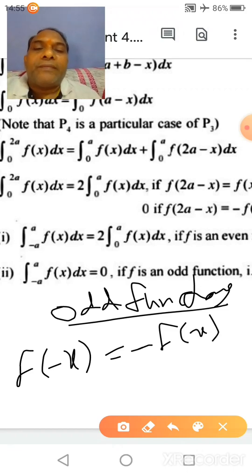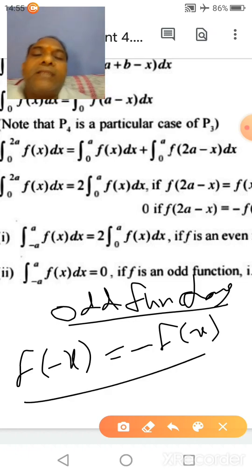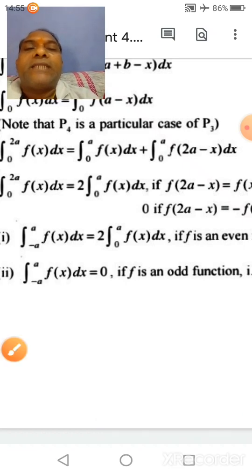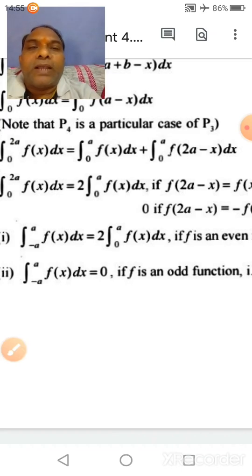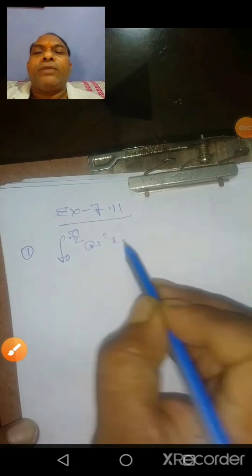So f(x) will be an odd function if f(minus x) is equal to minus f(x). Clear, students? Now open exercise 7.11.